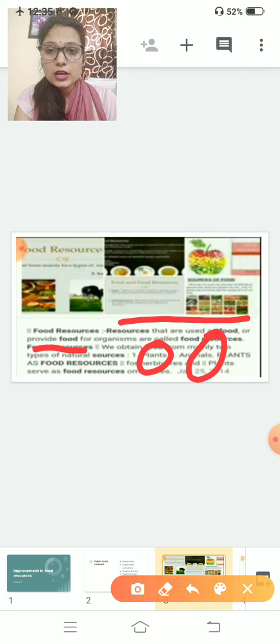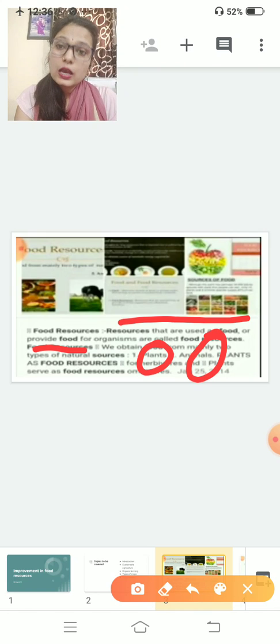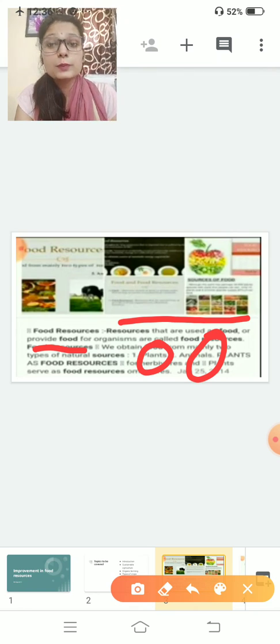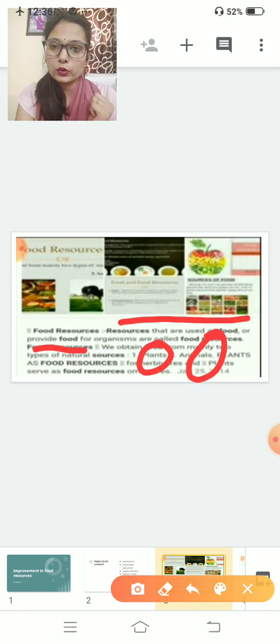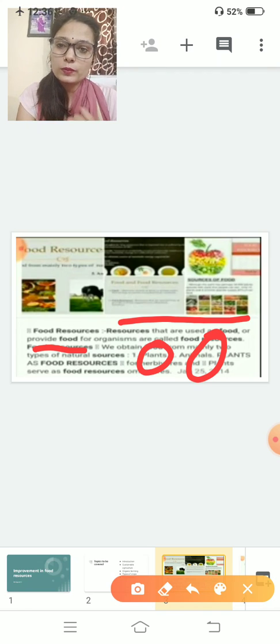Now, plants are food resources for herbivores and omnivores. Herbivores are those organisms which eat only plants. Clear? And omnivores are those organisms which eat plants as well as animals. So plants act as food resources for both, for herbivores as well as omnivores.